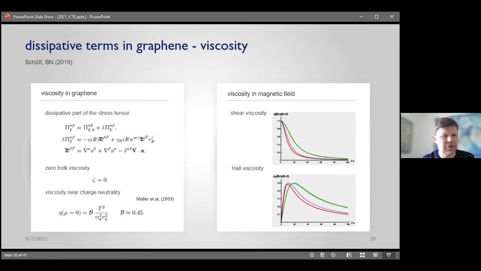And this fourth-rank tensor obviously can have a whole lot of components, depending on the symmetry. If you assume rotational symmetry in your system, as is usually done in conventional hydrodynamics, then the stress tensor has one coefficient proportional to this combination of gradients of velocity, and this particular form is due to rotational symmetry, such that the whole fourth-rank tensor is reduced to a single coefficient, which is the shear viscosity.